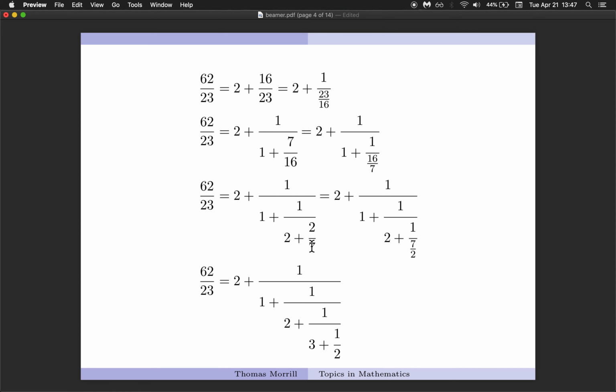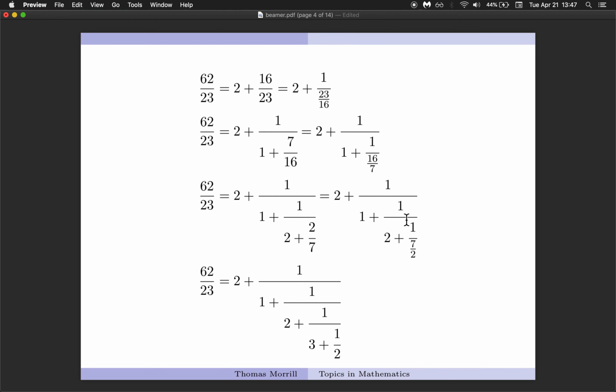Say that 2 on 7 is just a more convenient way of writing 1 on 7 halves. These are exactly the same number, just a little bit of algebraic manipulation. How many times does 2 go into 7? 2 goes into 7 3 times, with 1 left over, so I get this expansion.